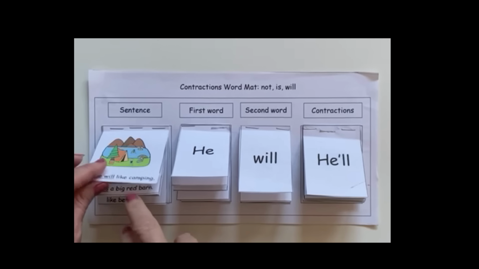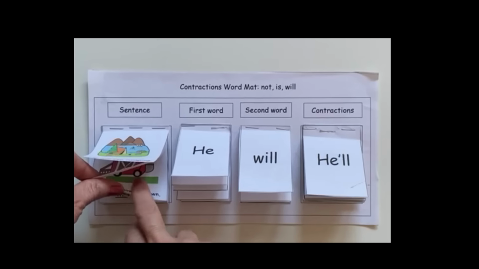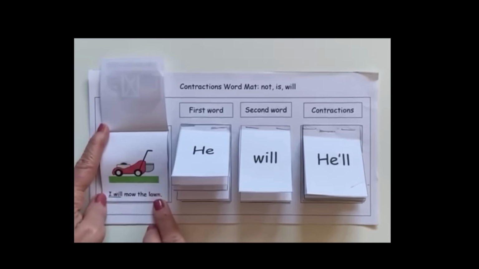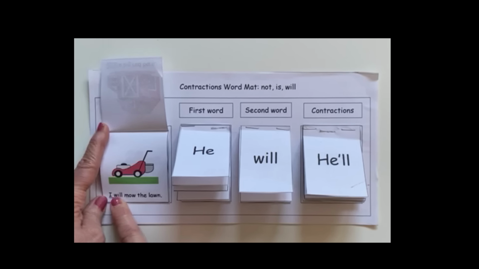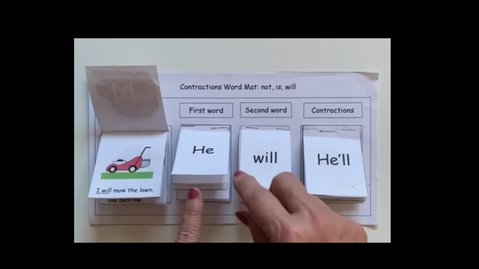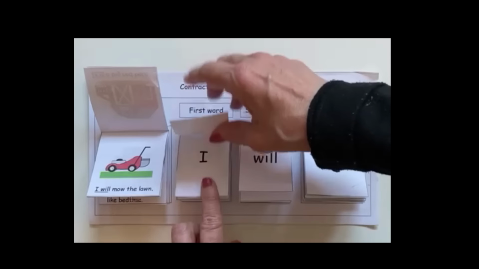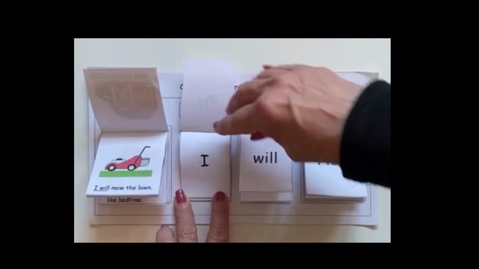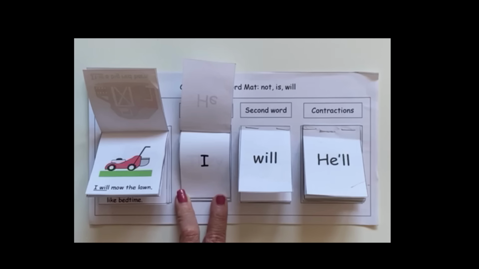We can look at one more. Let's take this one. I will mow the lawn. I is the first word. Will be the second word, and then we'll need the contraction. So we'll just flip through here. There is the word I, our first word.